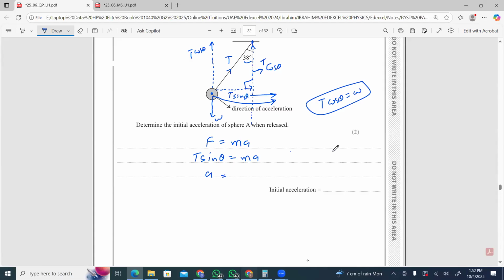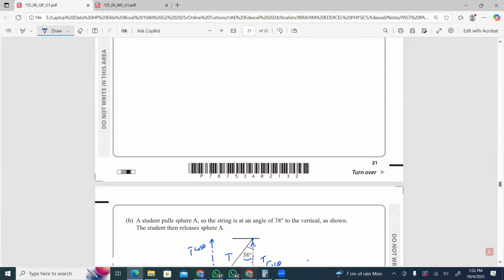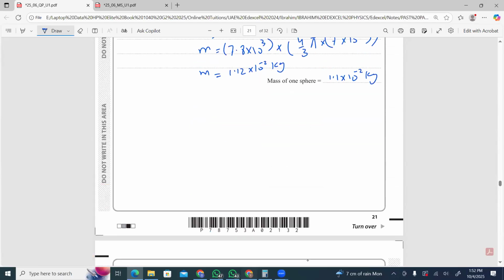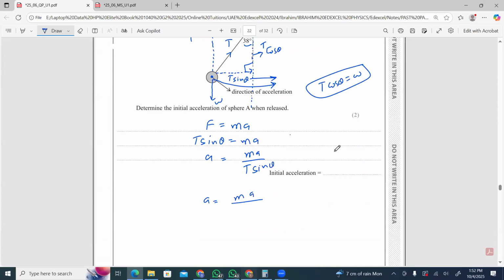So you would just write this. And the mass of the object is known, 1.1 into 10 to the power minus 2. So you will just write ma over T sine theta, correct? Then tension is actually mg sine theta.